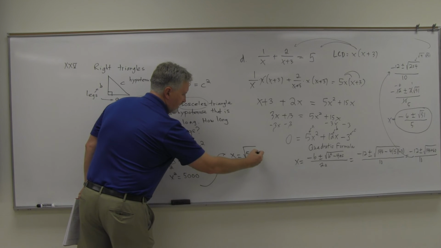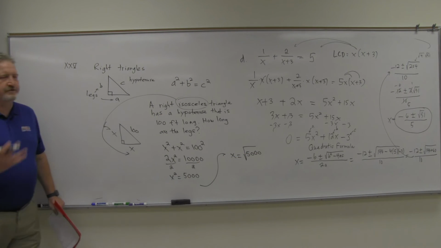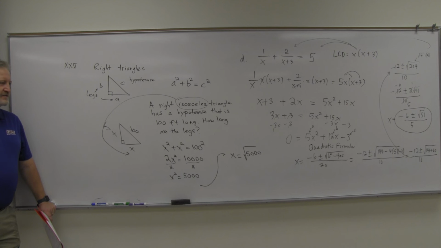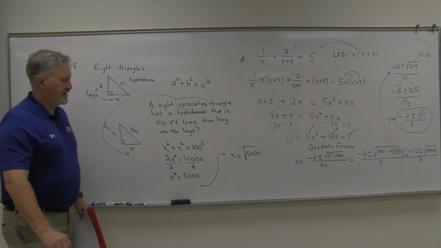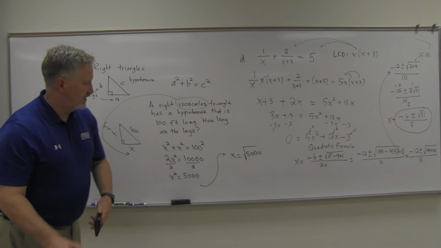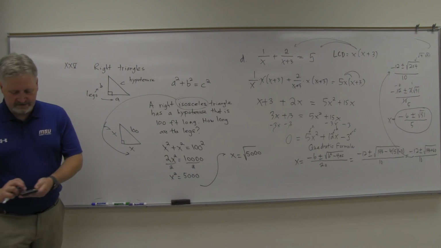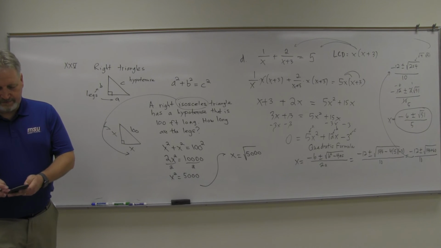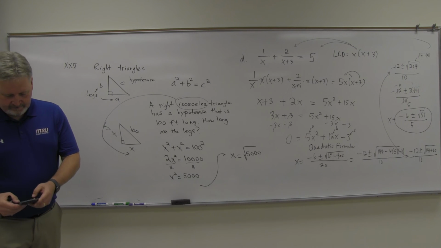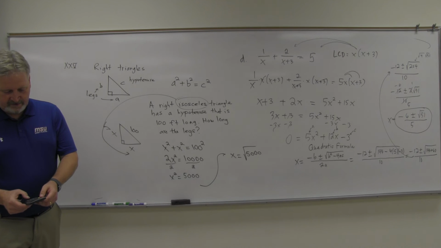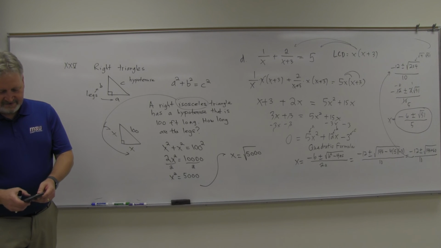It's usually plus or minus, but since this is an application, it's not going to be a negative. Let's just see how long that is, and take the square root of 5,000. The calculator is pretty blinky there, you might have to help me out.